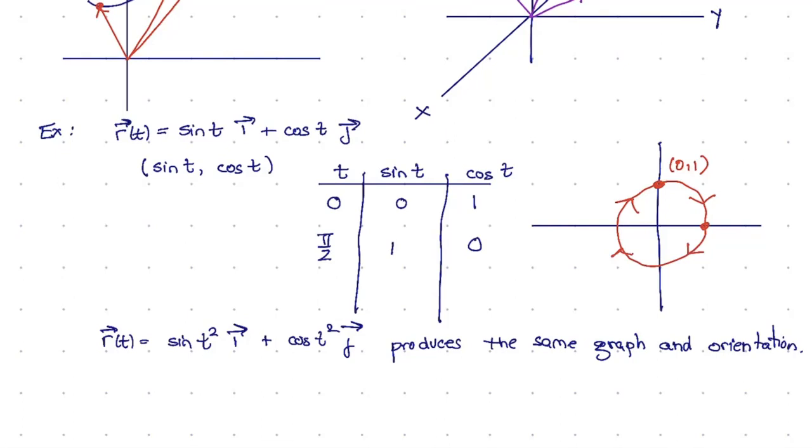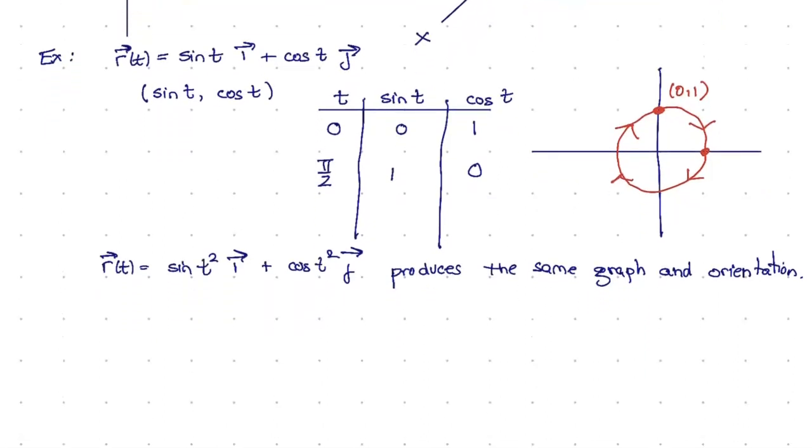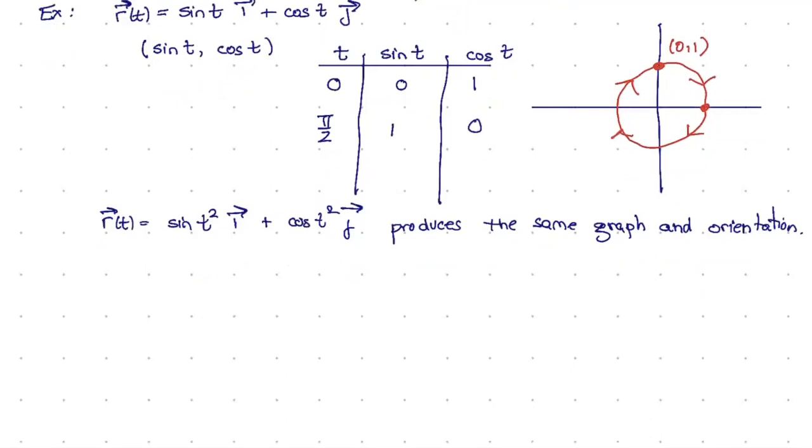You could get a different orientation for your graph if you were to switch the cosine and the sine, so as to say r of t is equal to the cosine of t i plus the sine of t j. And remember, when we're talking about these functions, the plane curve is only the set of points connected.